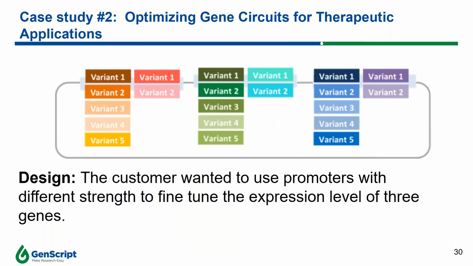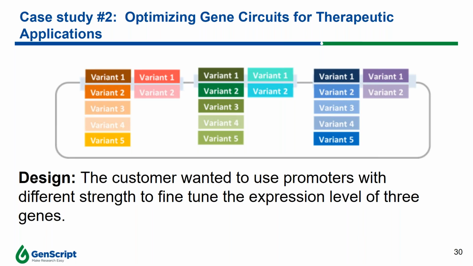So in this study, in order to fine-tune the expression level of these three genes, our client planned to use promoters with different strengths, ranging from very weak to very strong.